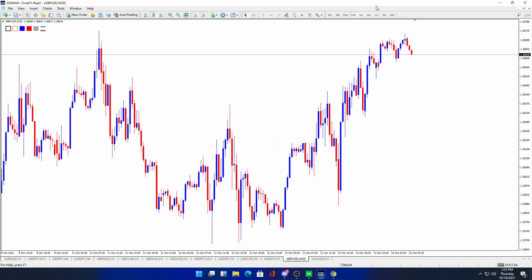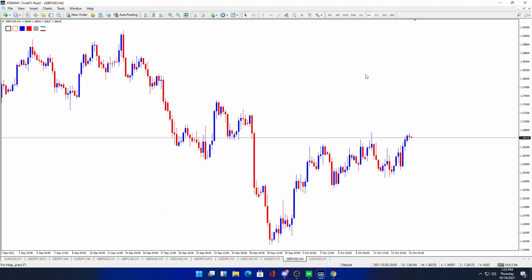First of all, we see the direction. We go into GBPUSD. You can have a look. The trend is still sideways.